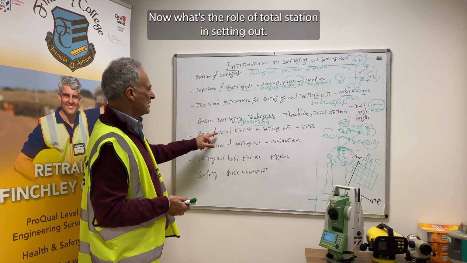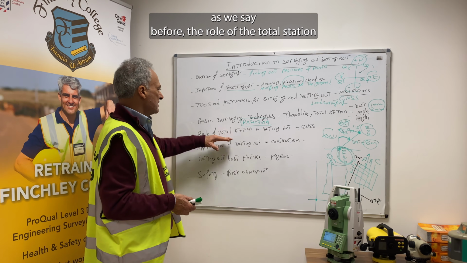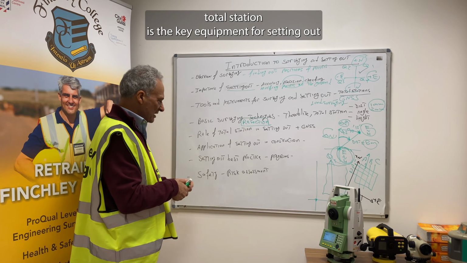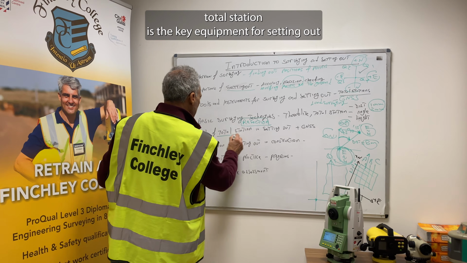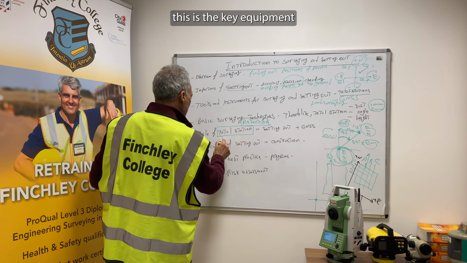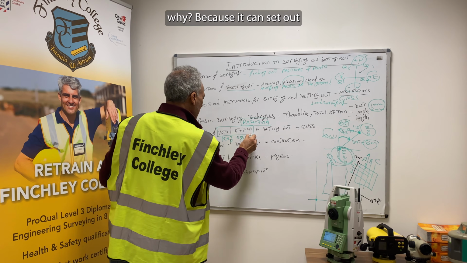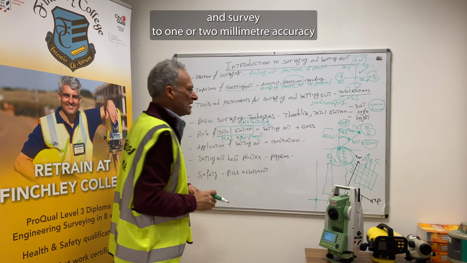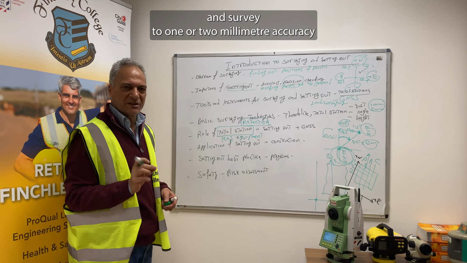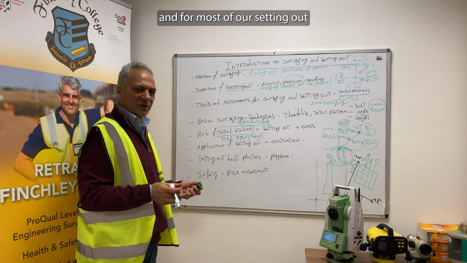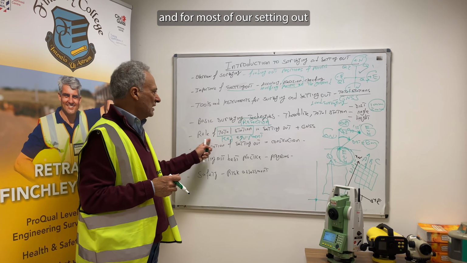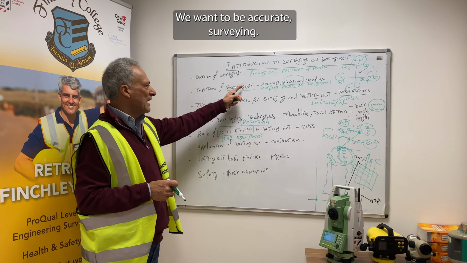Now, what's the role of total station in setting out? As we said before, the role of total station is the key equipment for setting out. Why? Because it can set out and survey to 1 or 2 millimeter accuracy. And most of our setting out, we want to be accurate. Surveying, it doesn't matter.